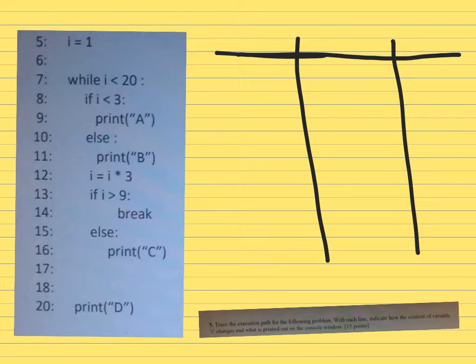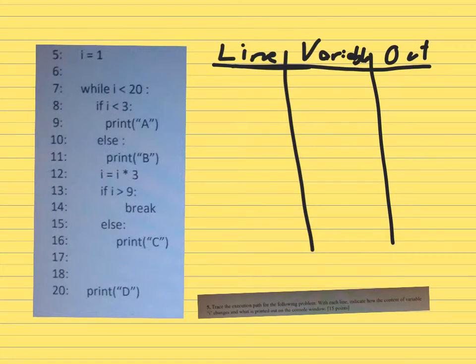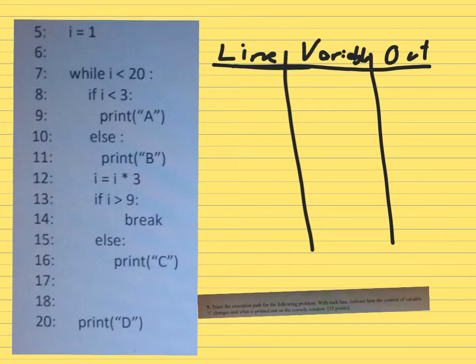They have the line number, the variable, and the outputs. So let's look at these steps one by one right here.